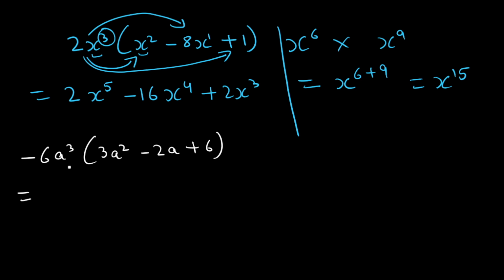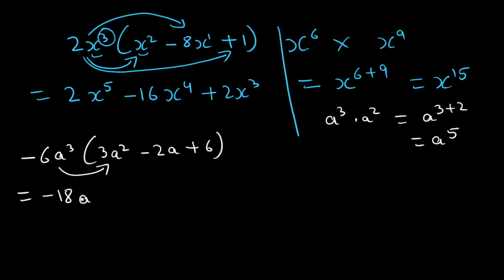Again, we will first distribute negative 6a cubed and multiply it with 3a squared. Negative 6 times 3 is negative 18. a cubed times a squared is the same thing as a to the power of 3 plus 2, which is a to the power of 5.